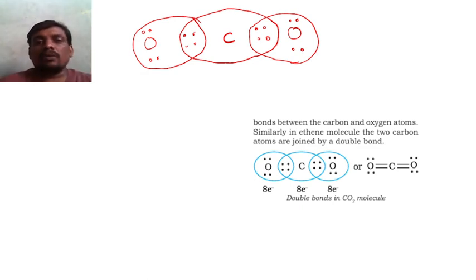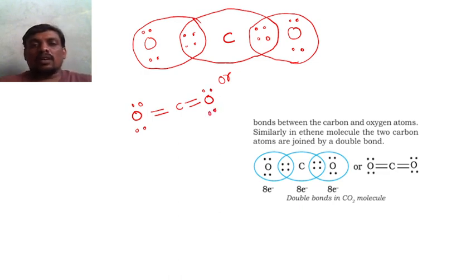This kind of bond formation can also be represented as follows: oxygen, as you can see here, and the electron sharing, and another oxygen atom along with its electrons. Here oxygen has dots showing two pairs of electrons, and here also two pairs of electrons are there on the outer shell.